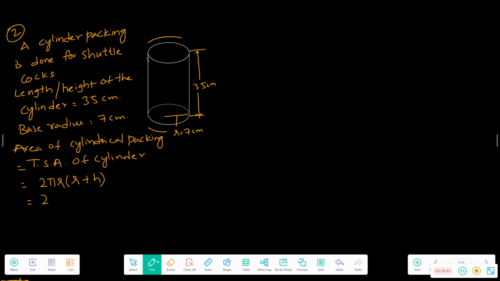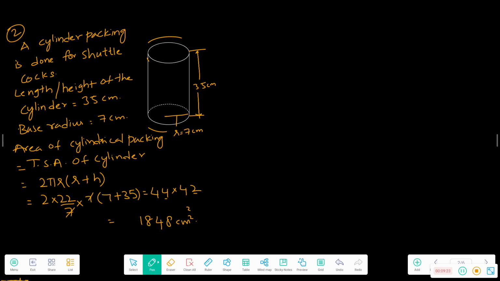So 2 into pi value, we know that it is 22 by 7, into r value is 7, and 7 plus h value is 35. So 7 gets cancelled. So it is 2 into 22 is 44 into 42. So 2 4s are 8, and 2 4s are 8, 8 plus 16, that is 24, 4 2 carry, 4 4 16, 17, 18, 1848 centimeter square.